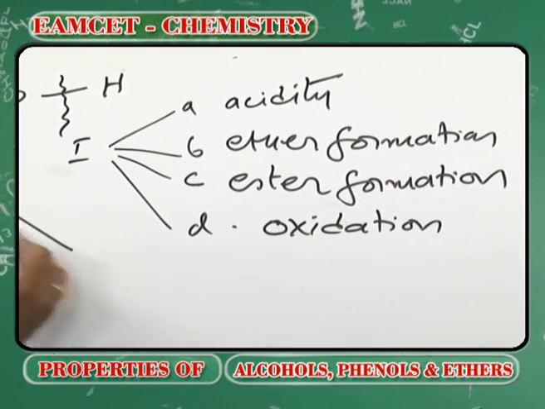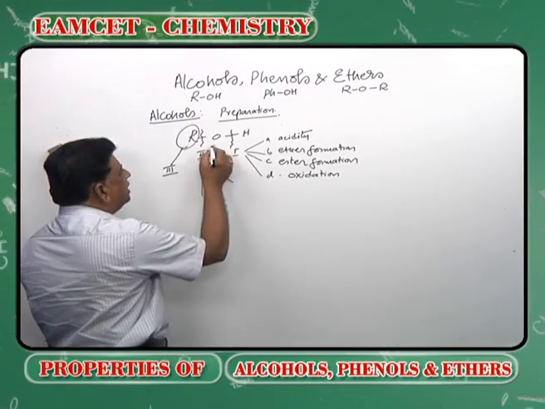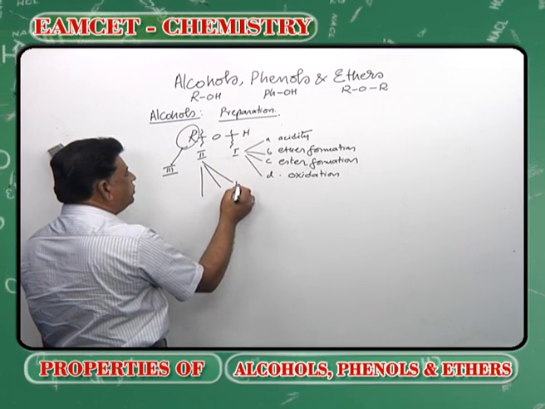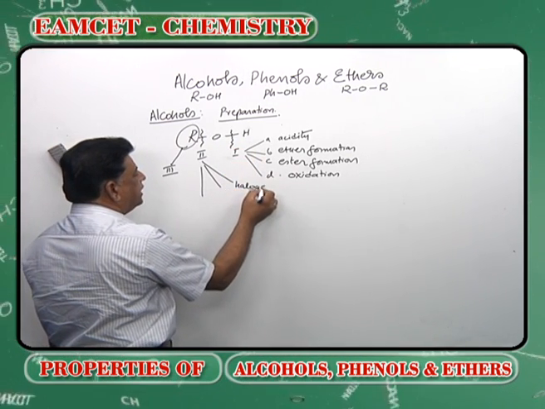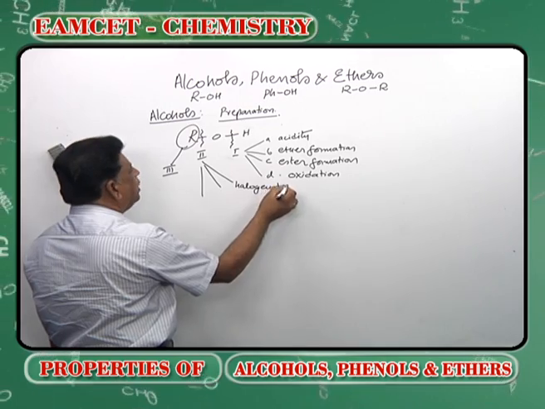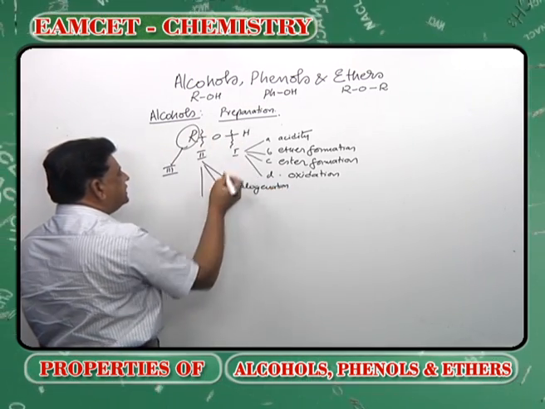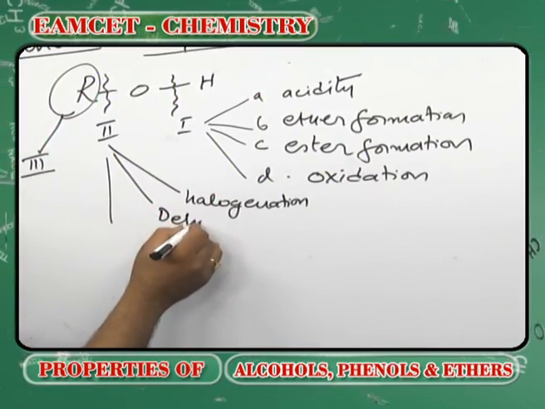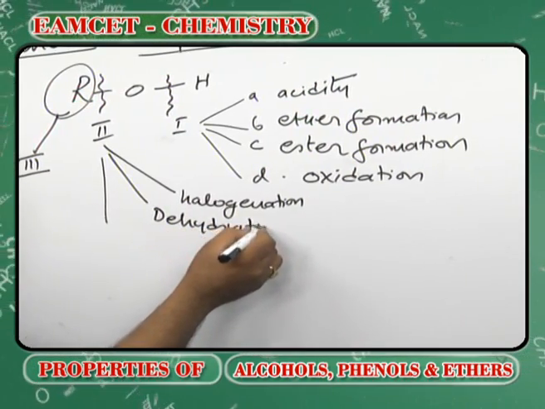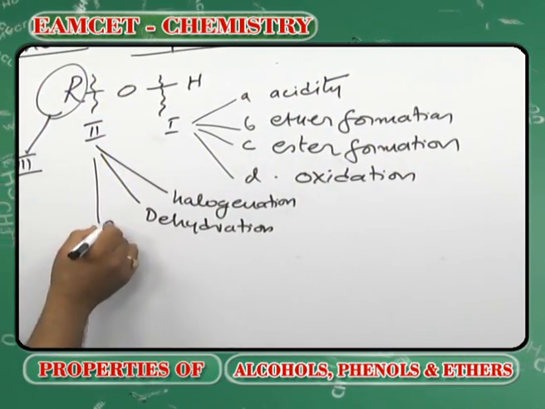In the second type we have three reactions. The OH can be replaced by halogen, therefore halogenation. The OH and H removed is called dehydration. OH replaced by H is called reduction.